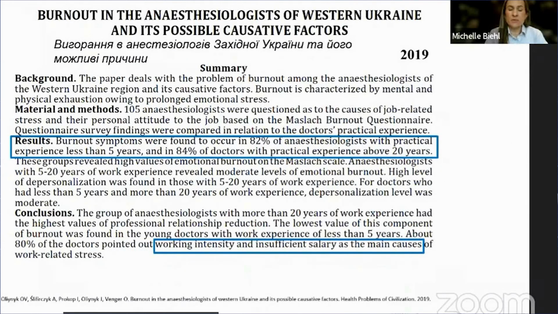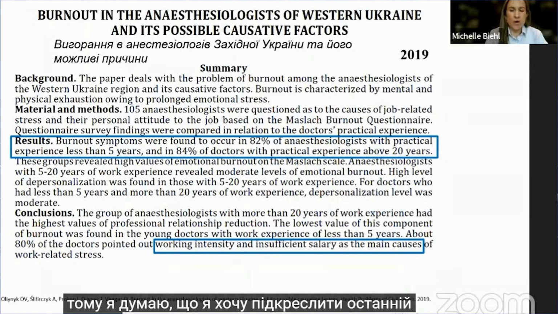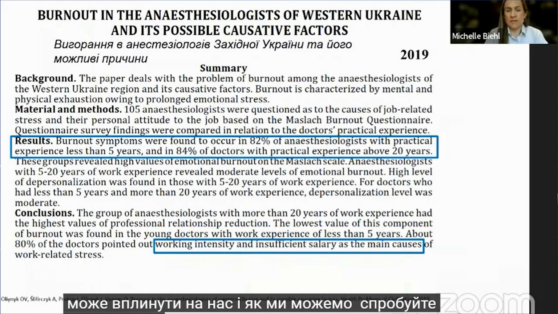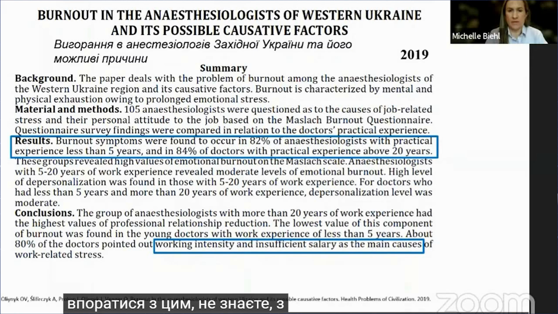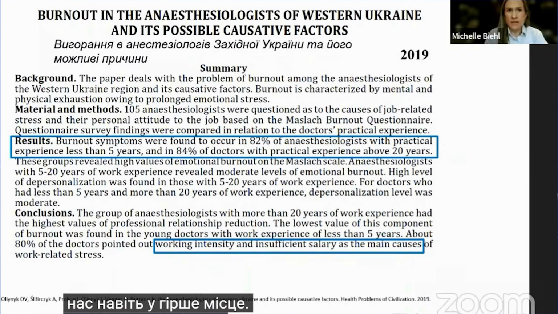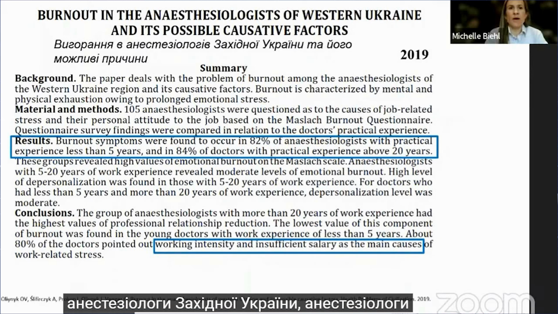So I want to emphasize, the last slide is how burnout can affect us and how we can deal with it with unhealthy coping mechanisms that can get us to an even worse place. This is a study done in anesthesiologists of Western Ukraine studying burnout.